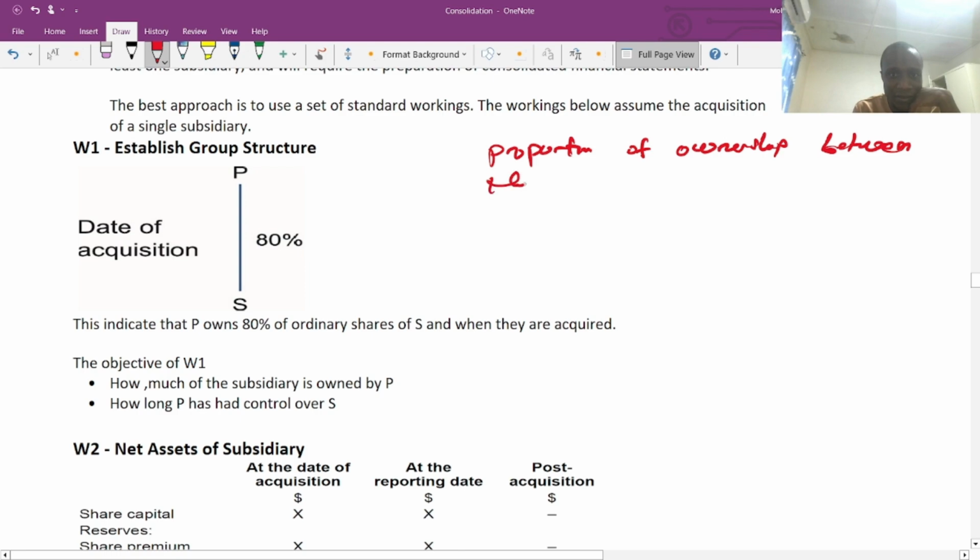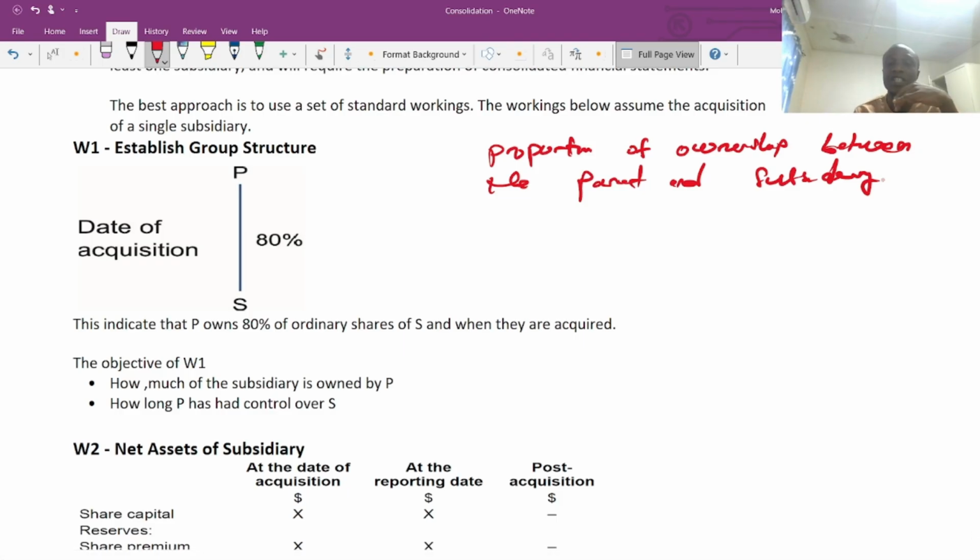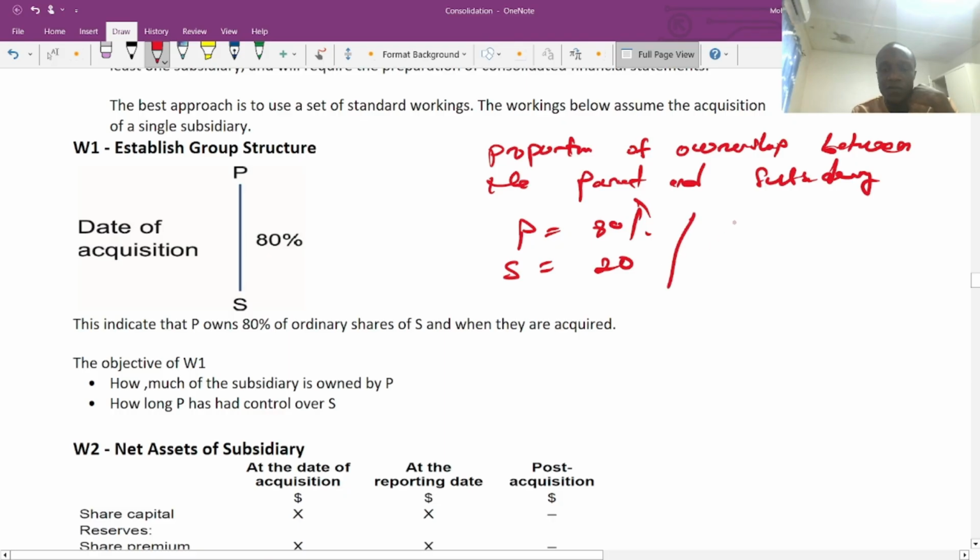For example, if the parent owns 80% of the share capital of the subsidiary, it means the P will equal 80%, whilst the subsidiary will equal 20%. Or if the share capital or the voting right of the parent is 70%, then the subsidiary will be 30%.